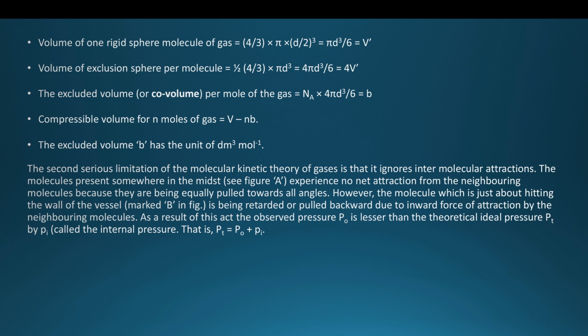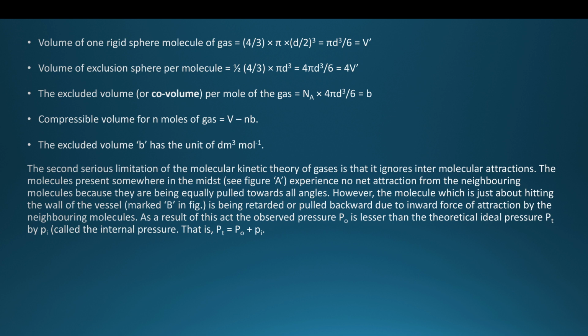The excluded volume per mole of the gas is equal to Na multiplied by 4 pi d cube over 6, put as small b. It means the compressible volume for n mole of gas is V minus nb. The excluded volume b has unit of liter per mole.